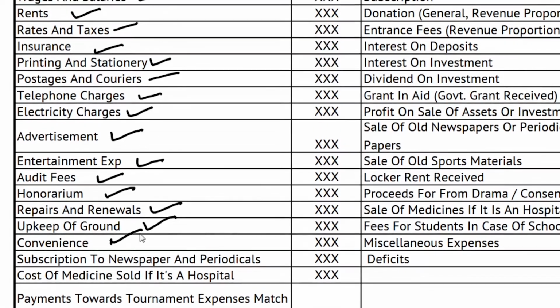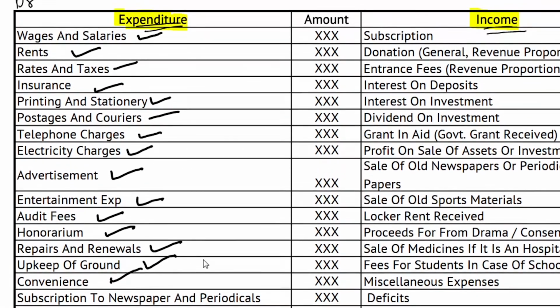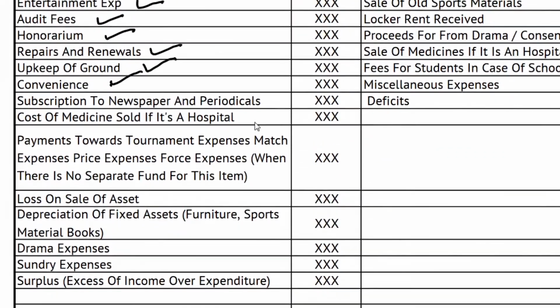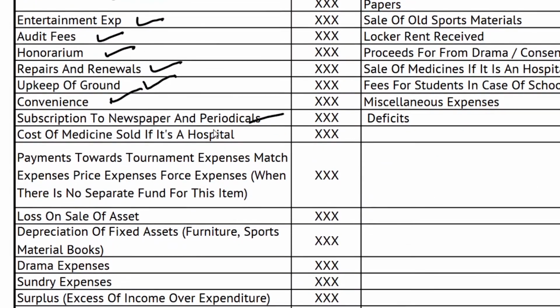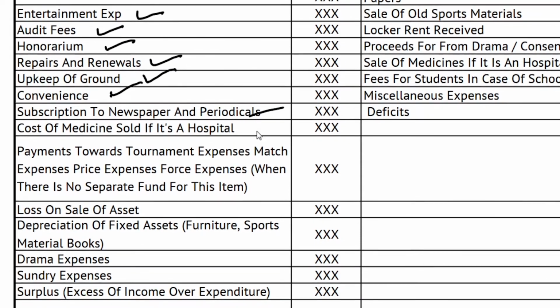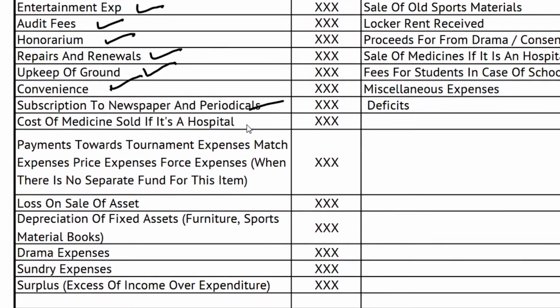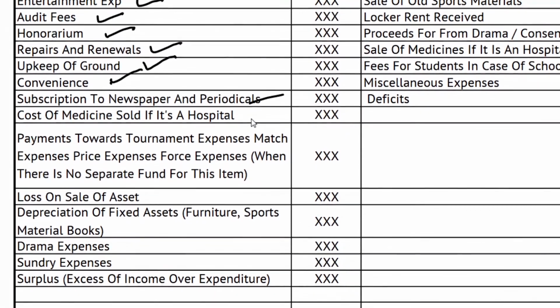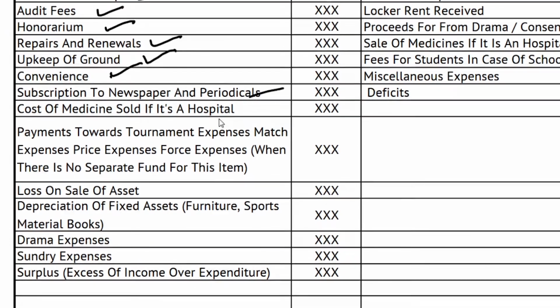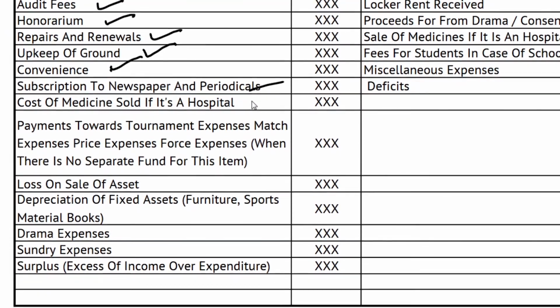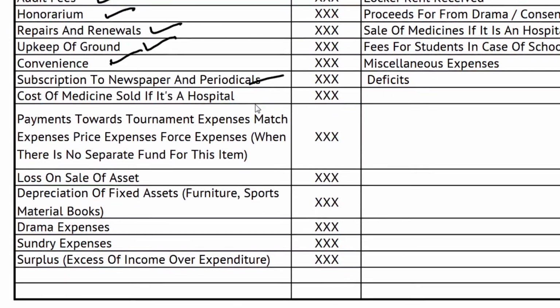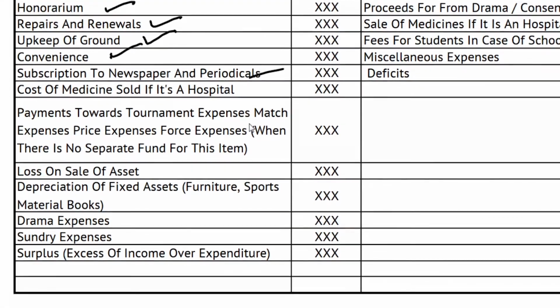Convenience, if you have paid any convenience, that's an expense. Subscription to newspapers and periodicals, magazines, whatever you need to pay as an expense, so you will record it on the expenditure side. Next is payment towards tournament expenses, match expenses, prize expenses, sports expenses.